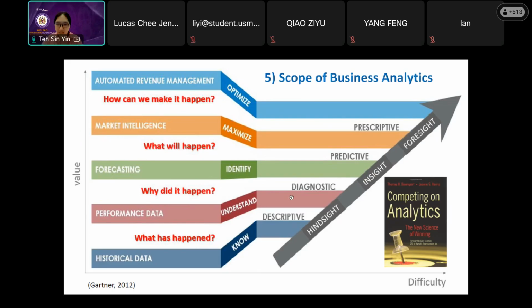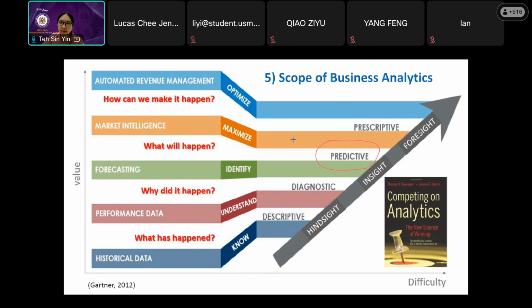Without one of the steps, yes, you can. So let's say you are a business analytics student, most of the time when you do your analytic lab project, I will suggest you at least reach the step of predictive analytics.